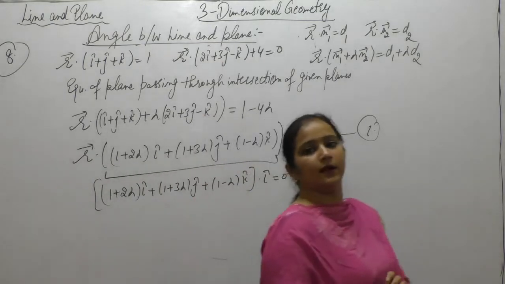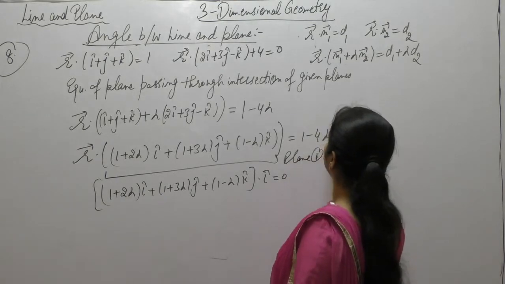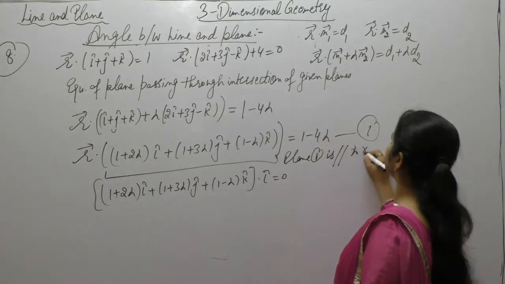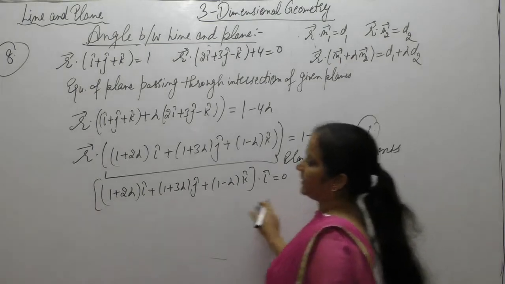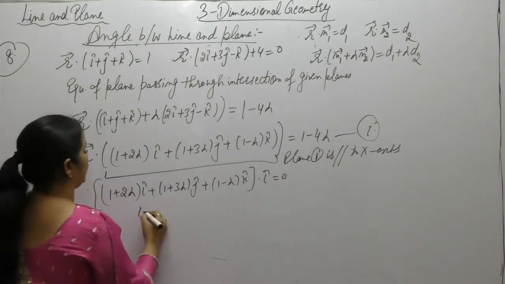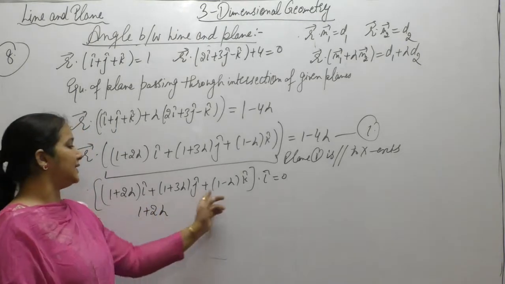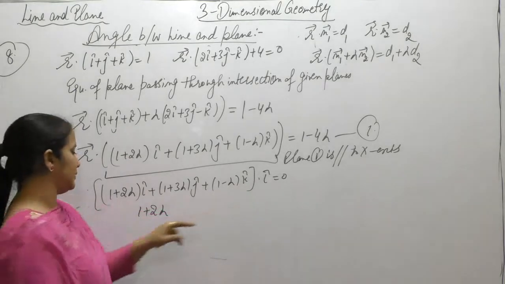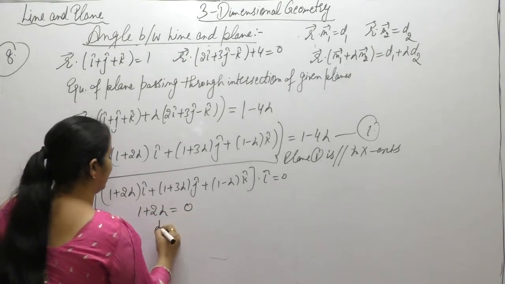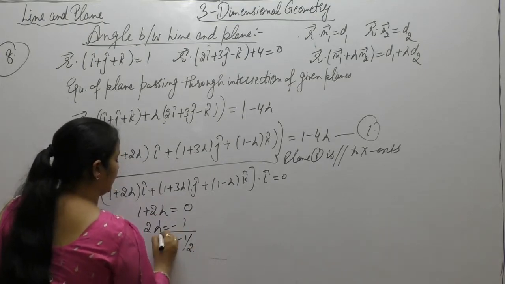Give reason: because the plane is parallel to the x-axis, therefore we get this condition. Clear? Now solve it. 1 plus 2 lambda, i dot i is 1, i dot j and i dot k will be 0. From here we get the value of lambda as minus 1 by 2.